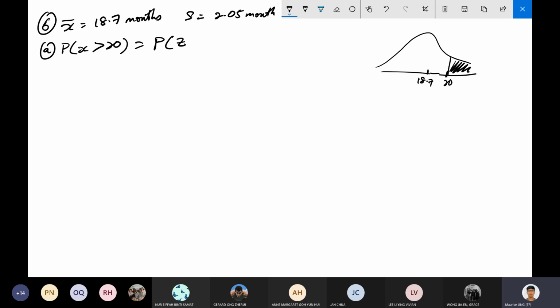So it's more than 20 minus 18.7 divided by 2.05. You end up with Z that is more than, can somebody give me an answer? What is 20 minus 18.7 divided by 2.05?